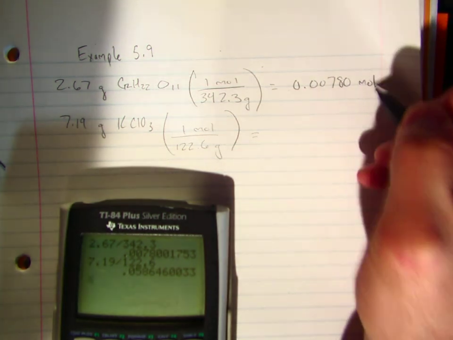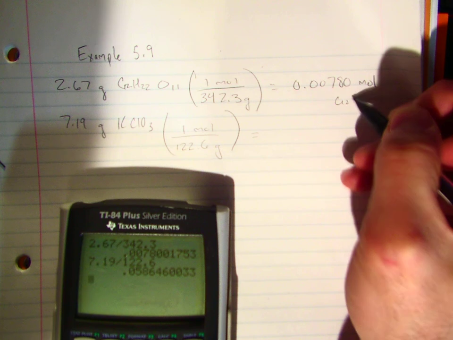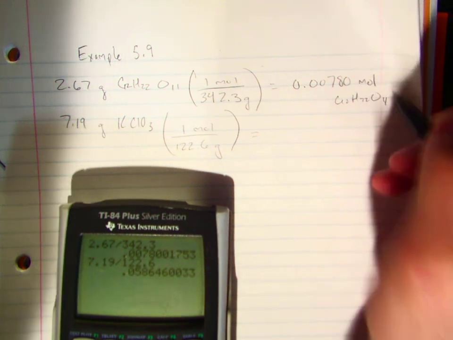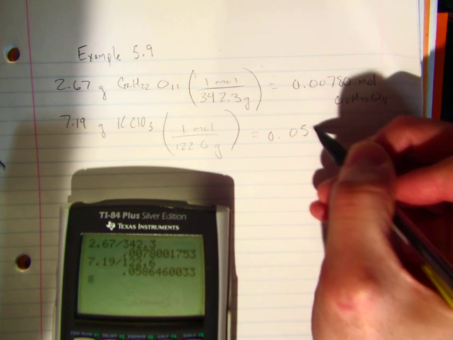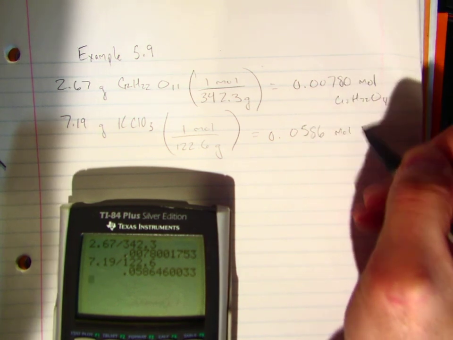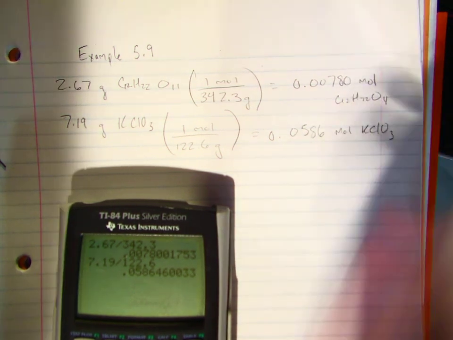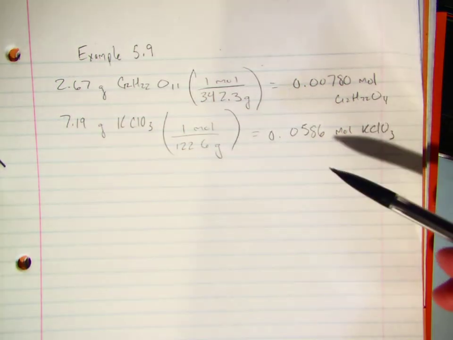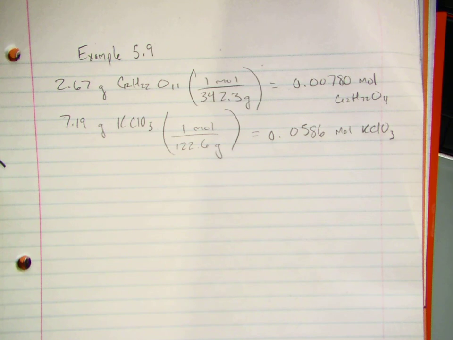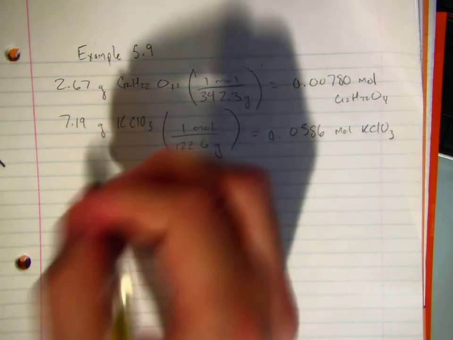tells me that I have 0.00780 moles of my sucrose, and I have 0.0586 moles of my potassium chlorate. But I can't relate those two directly together because that's not a one-to-one molar ratio. They're not stoichiometric equivalents.